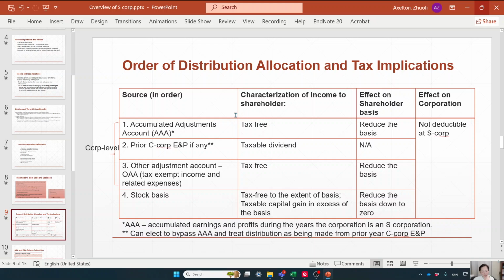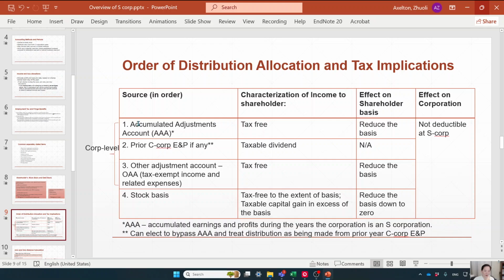Because of the unique nature of the S Corp, because an S Corp could have been a C Corp, because the S Corp election can be done after the corporation is set up, there could be some carryover characteristics from the C Corp time period. So from a distribution perspective, there is a mix of pools or baskets the S Corp has to track.